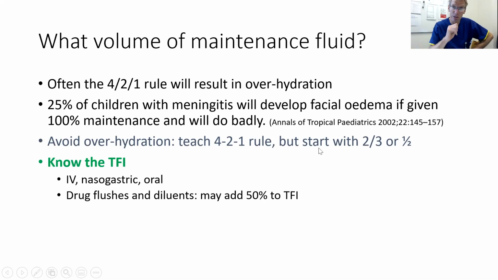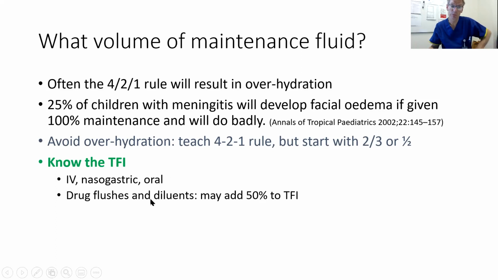And for every patient, you should know what their TFI is for the day. You should calculate that when you're doing your rounds. You should work out what the best total fluid intake is for this patient today. And that should involve their IV fluids, their nasogastric fluids, their oral fluids, the drug flushes they're getting. So you just need to know their total fluid intake or how much you think they should have.